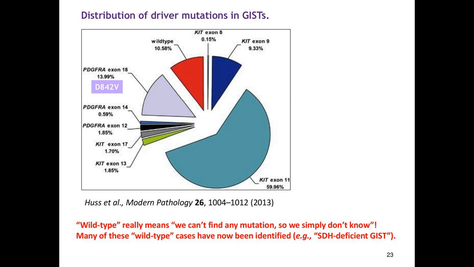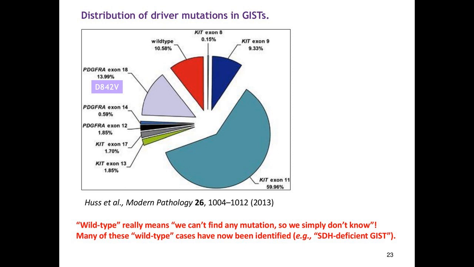These are the so-called wild-type GISTs. As I said at the bottom of the slide, wild-type is a bit hard to understand, that terminology. To a geneticist, wild-type really just means we don't see any mutation. So these are cases where no mutation has been identified, and we've ruled out any mutation in KIT or PDGFRA.